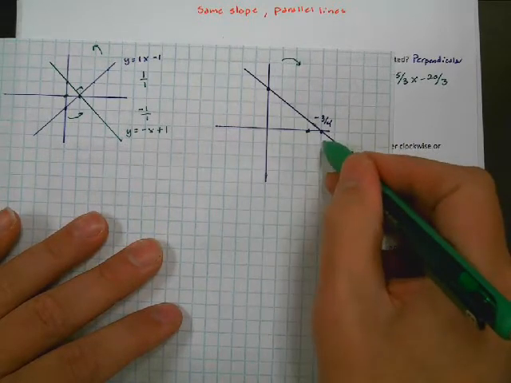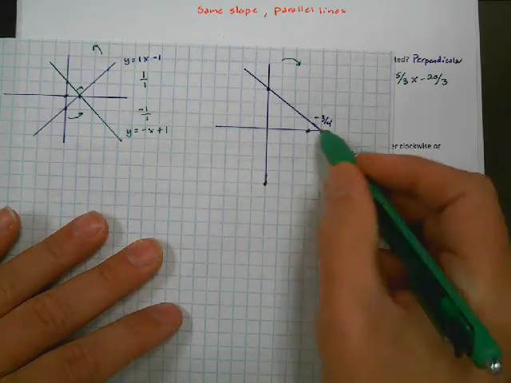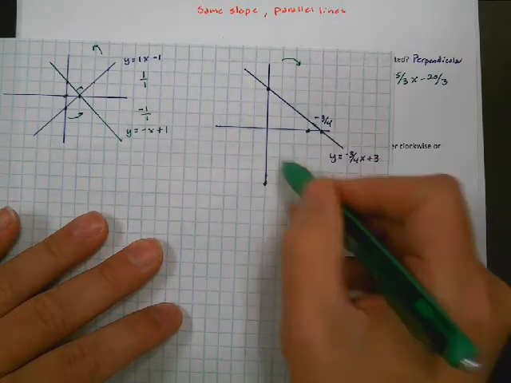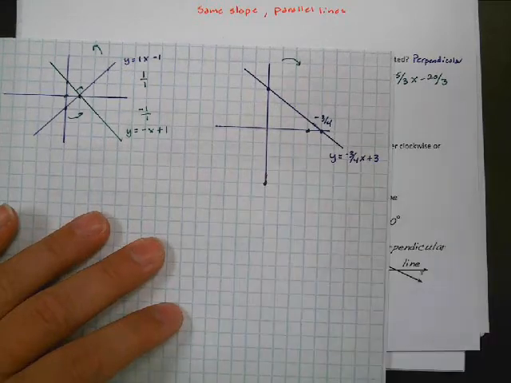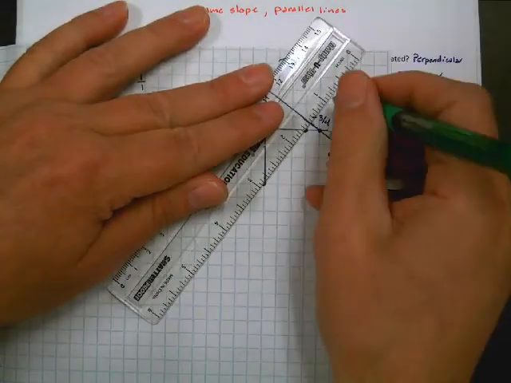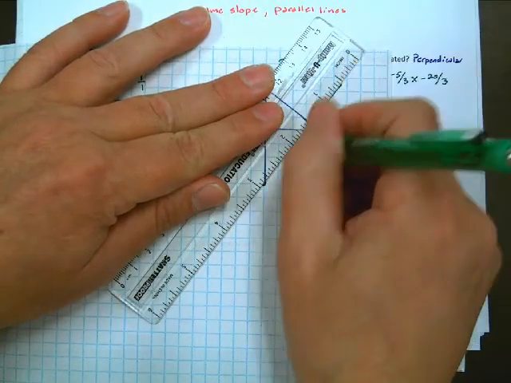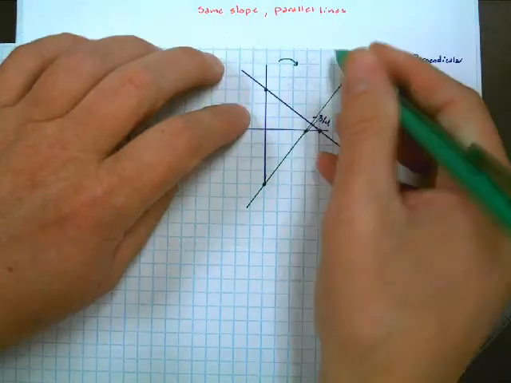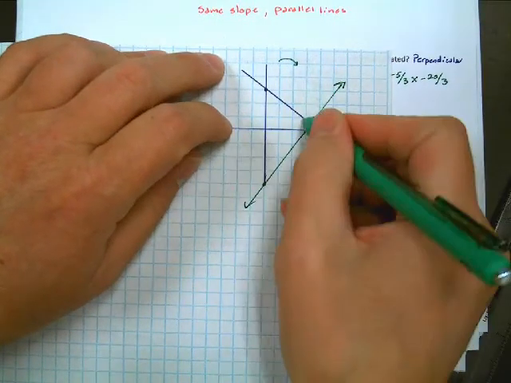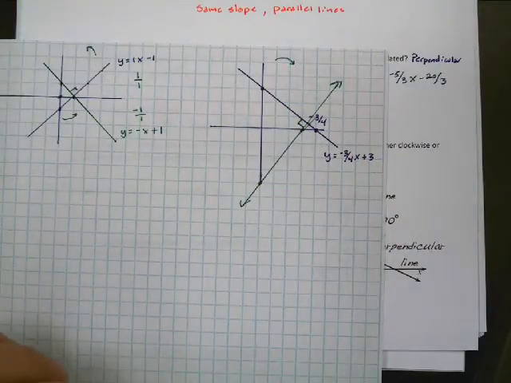This one, rotating it, is going to come down to here. It was at 4, 0. Now it's at 0, -4. Okay, so we've got our new line here. This is our rotation of 90 degrees, and this time we went clockwise. Again, we're getting that nice 90-degree angle right there. So they're perpendicular to each other.